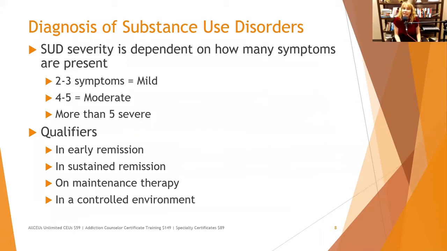So you can be not using your drug of choice, but on maintenance therapy, or in a controlled environment. So this helps us see how long the person has been clean, or able to refrain from using their drug of choice to a point where it's going to cause them problems. And are there factors that are contributing to that, such as they're on maintenance therapy or they just can't access it because they're in jail or in inpatient.